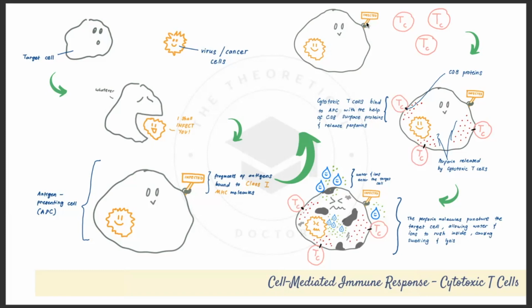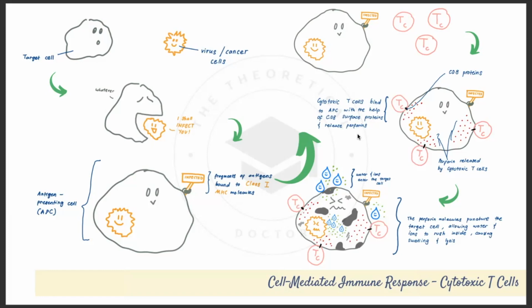So after they have presented over here to the class 1 MHC molecules, these cytotoxic T cells will all come, and these cytotoxic T cells will bind to the APC with the help of the CD8 surface proteins, and then they will release perforins. Earlier, helper T cells release cytokines.